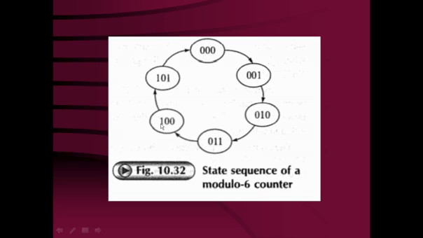Again, the next state is 1, 0, 0. Again, the next state is 1, 0, 1. And then after giving a clock pulse, it will go to the initial state 0, 0, 0. If you count the number of states here, the stable states are 1, 2, 3, 4, 5, and 6. And hence, this is called a modulus of 6 counter.